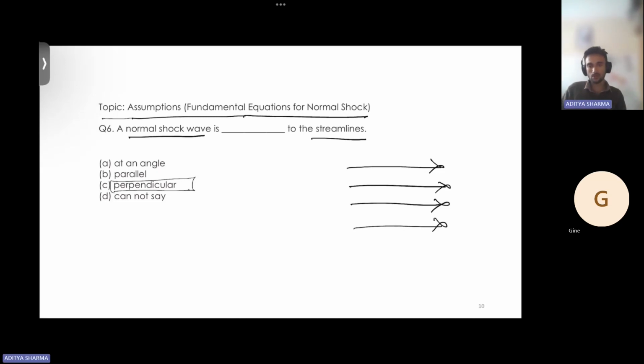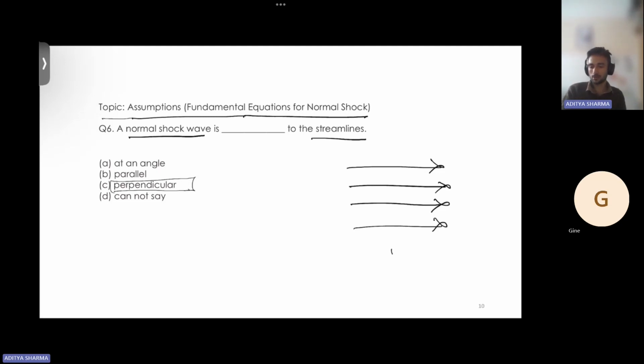In a streamline, at any point, if you draw a tangent, you get the direction of velocity of fluid flow at that particular point. All such points when we take together, we get a streamline, and there are properties related to streamlines.